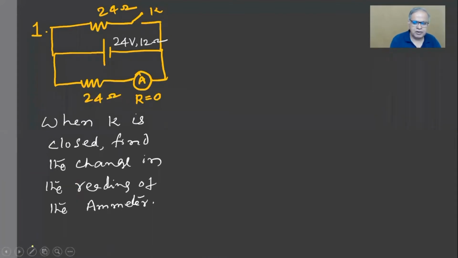Before the key K is closed, can you not see that 12 ohms and 24 ohms are in series? The 12 ohms of internal resistance and 24 ohms of the external resistance are in series.